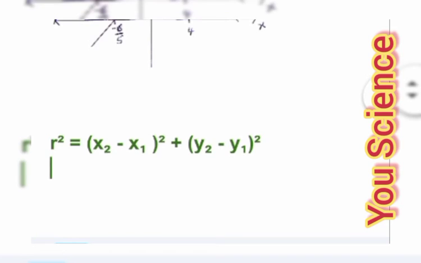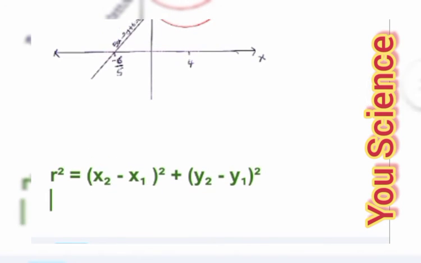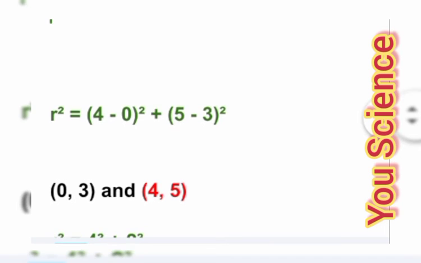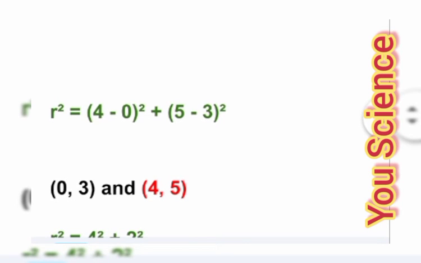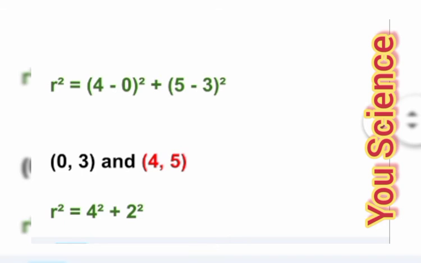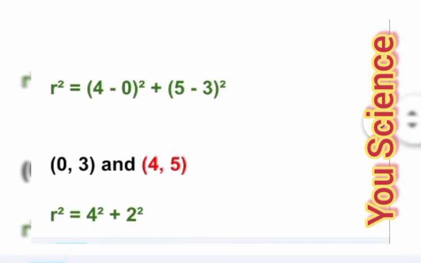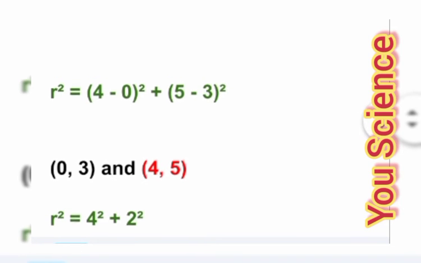My y2 is 5, also from the center of the circle, and my y1 is 3, from the y-intercept. So putting in the values, I'm going to have r squared equal to (4 minus 0) squared plus (5 minus 3) squared.